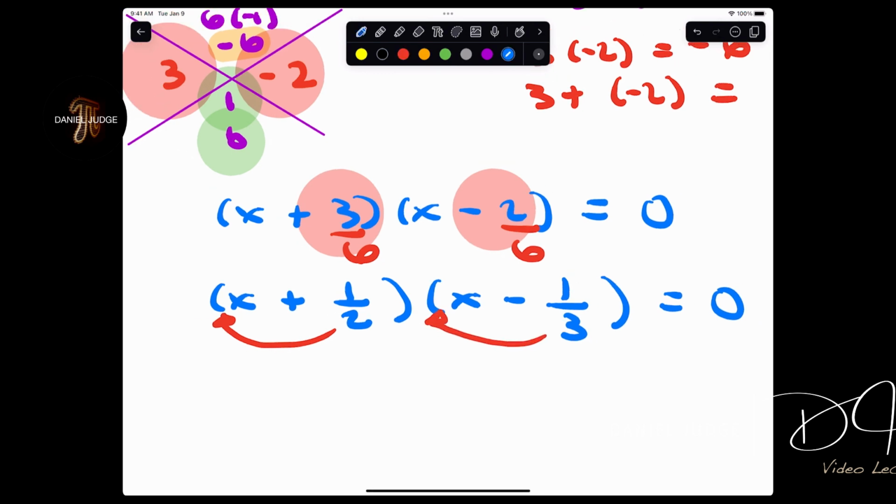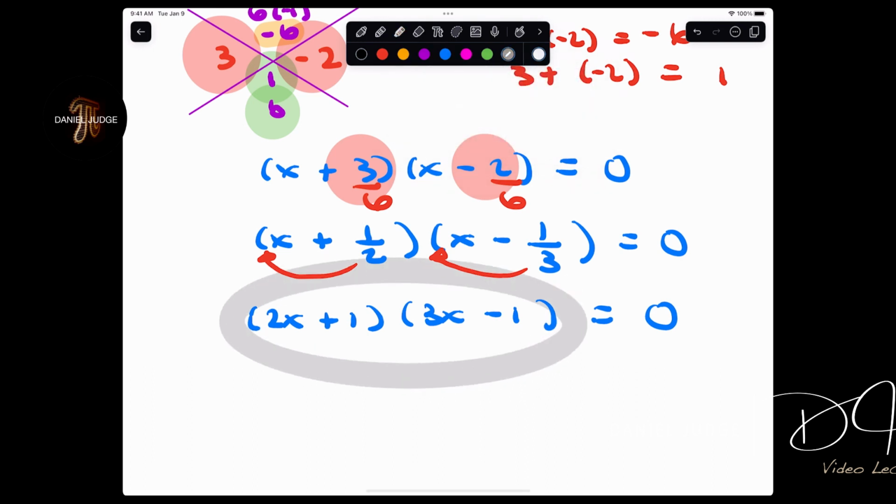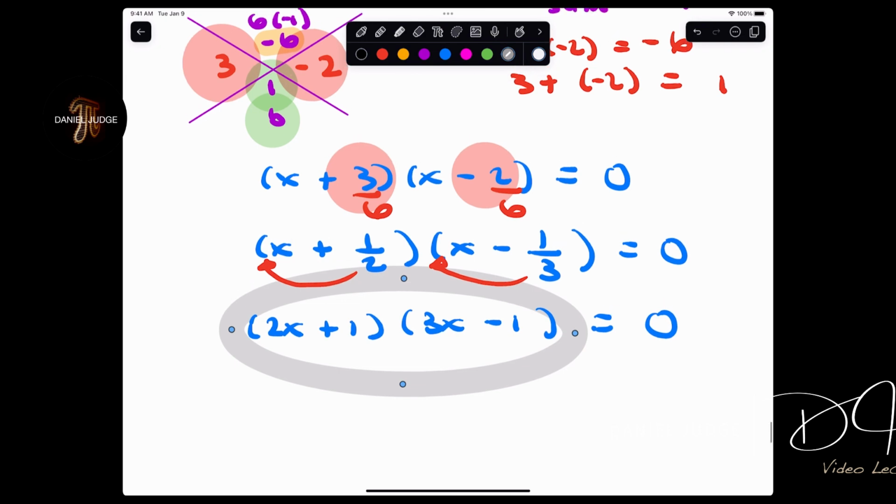Alrighty. Great example. Okay. So this becomes 2x plus 1 times 3x minus 1. Yes, you have to reduce those fractions. Now we have factored. We factored by the crisscross method.